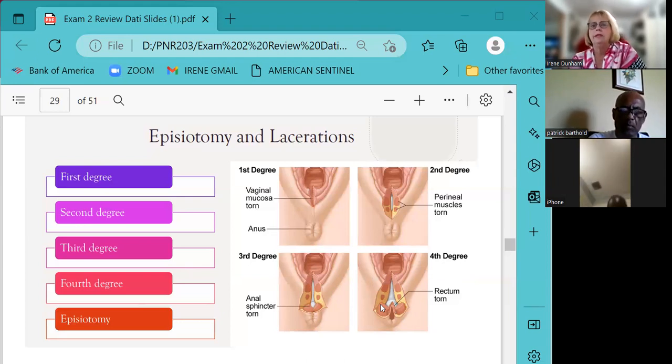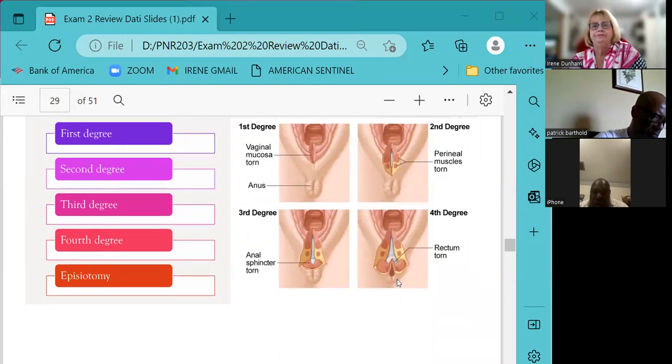Oh yeah, this all gets sewn up nicely. And it's going to be sore. She's going to be swollen. She's going to have what we call ecchymosis, which is bruising. And she's going to be very afraid to have the first bowel movement. So that's why I'm going to put her on a high fiber diet and increase fluids.